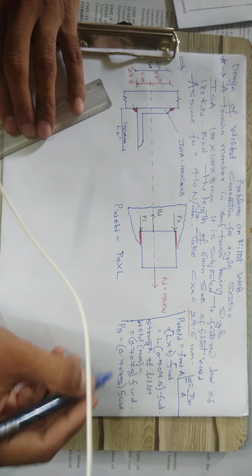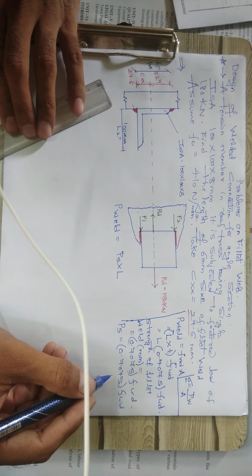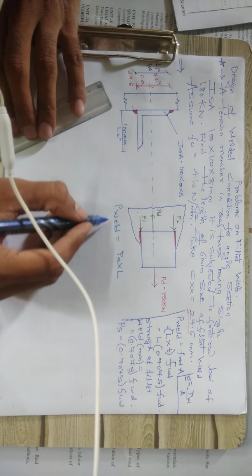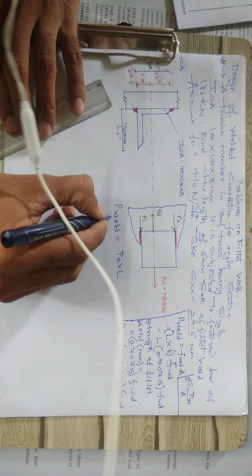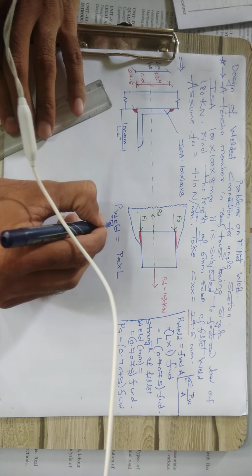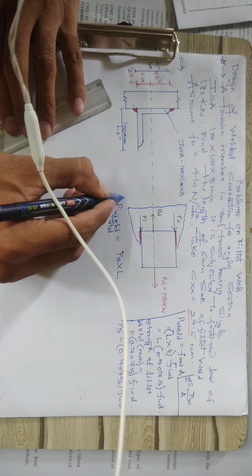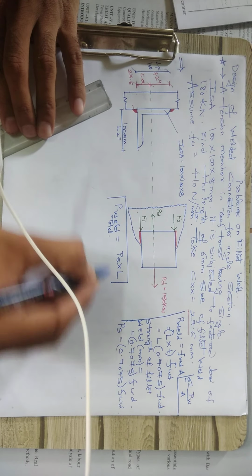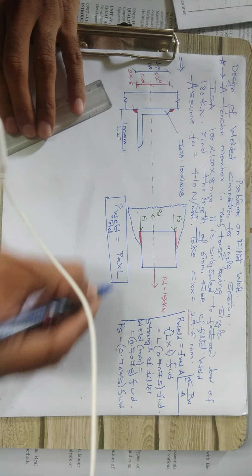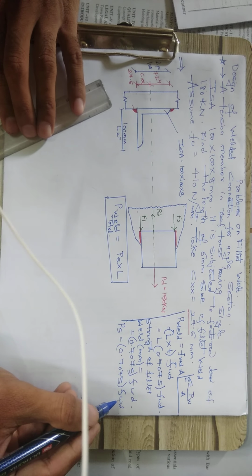It is just the multiplication and division concept, a simple concept. So P weld, that is the total quantity of weld, is PS into L. But what is PS? PS is nothing but this thing: 0.707 S into FWD.